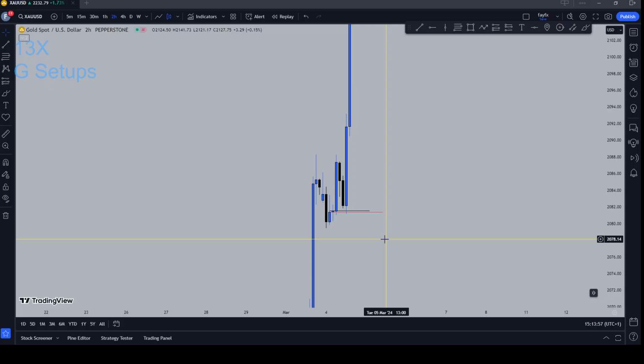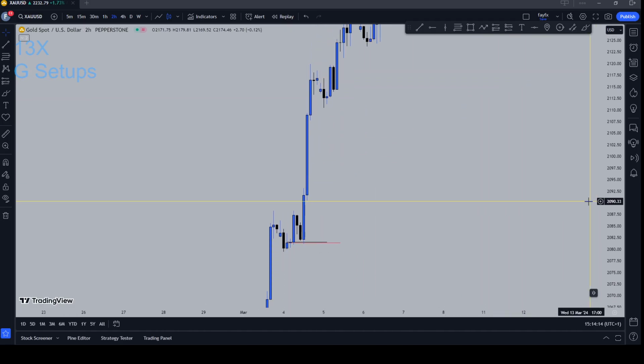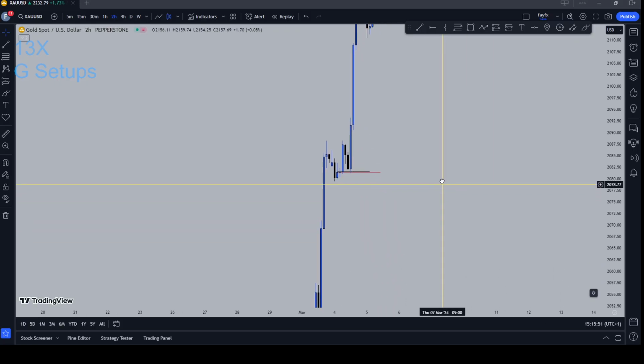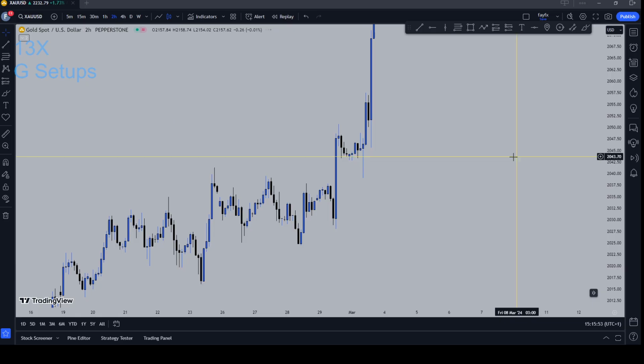This is amazing. Look how price came down to that level, a bullish gap CC below the main level, the main gap, then flew all the way up. It's amazing. Let's see another example.